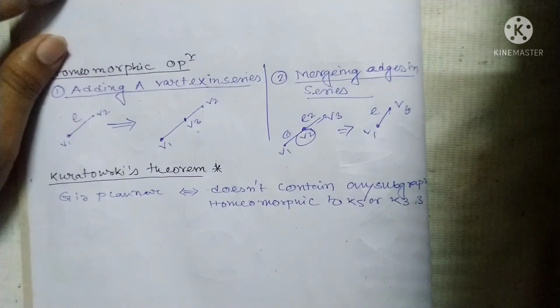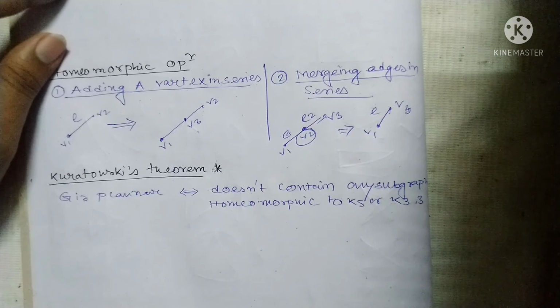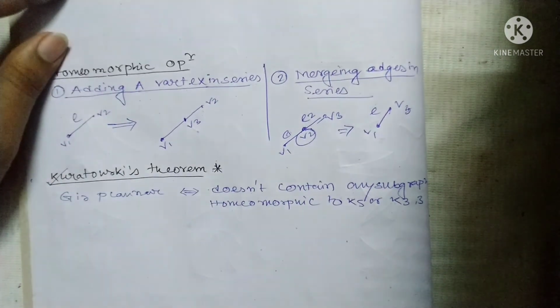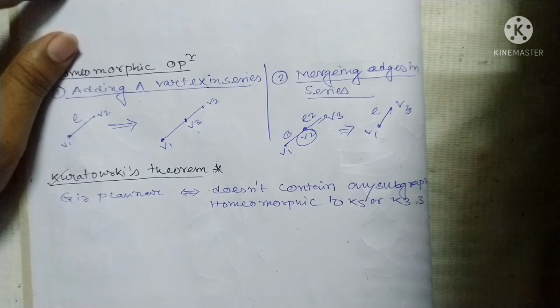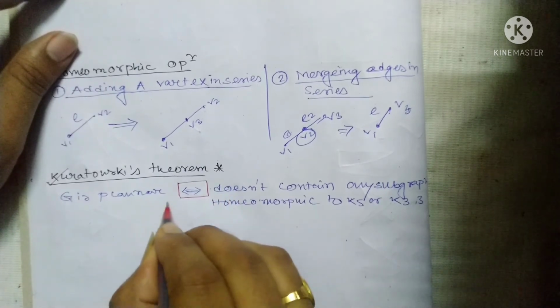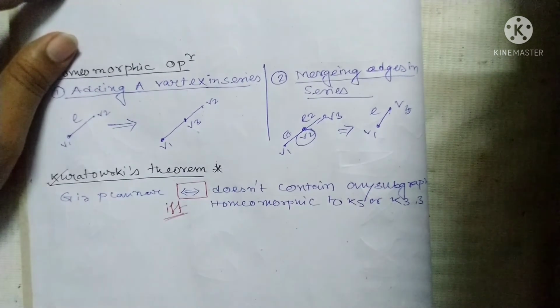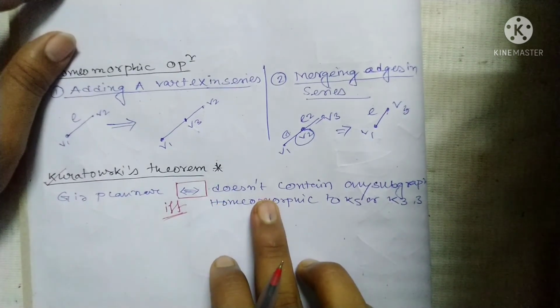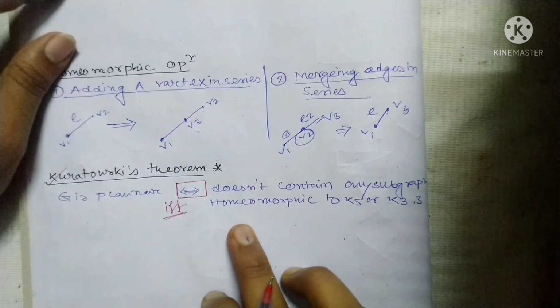Now there is an important theorem in this chapter, called Kuratowski's theorem. It says that a graph G is planar if and only if, the biconditional symbol, it doesn't contain any subgraph that is homeomorphic to K5 or K3,3.